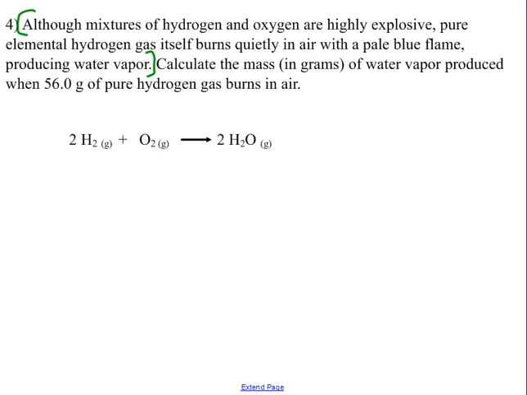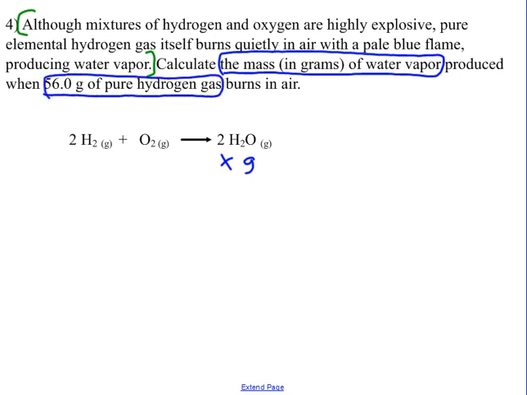So reading the second sentence, what are we trying to find? It says to calculate the mass of water vapor. So X grams of H2O is what we're trying to find. The quantity we are starting with is 56.0 grams of pure hydrogen gas. So I'm going to put that quantity underneath that substance.